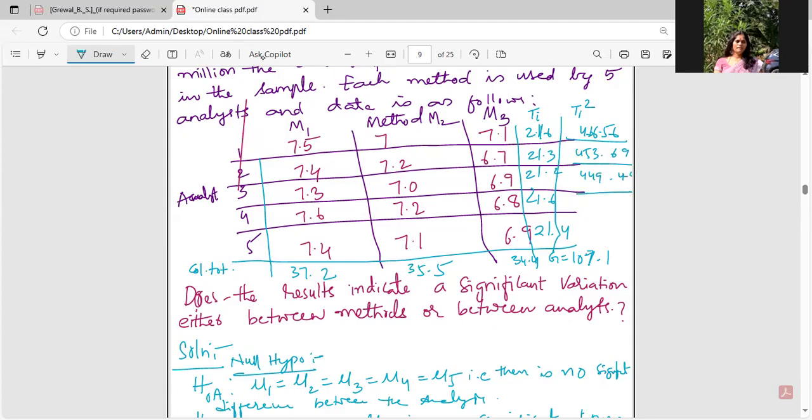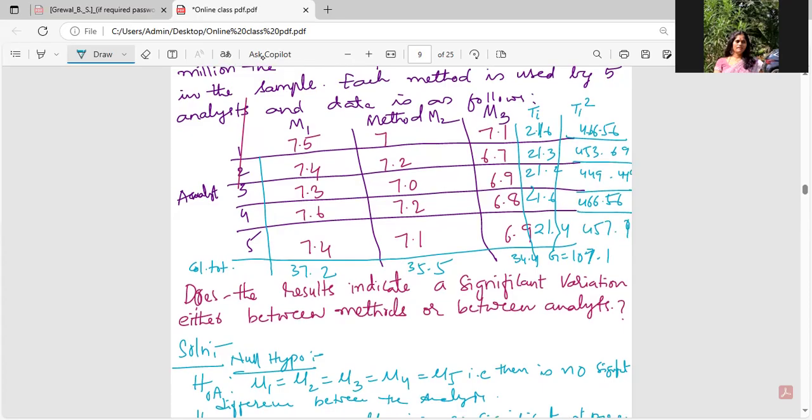Take 2 decimal accuracy, please. 466.56 is what I have, 457.96 also is what I have. Again, I'll take the Ti squared sum as well, and it comes out to be 2294.21.